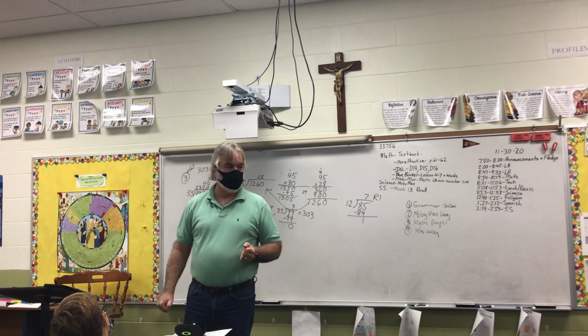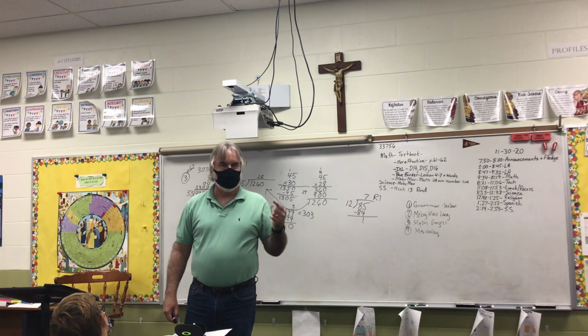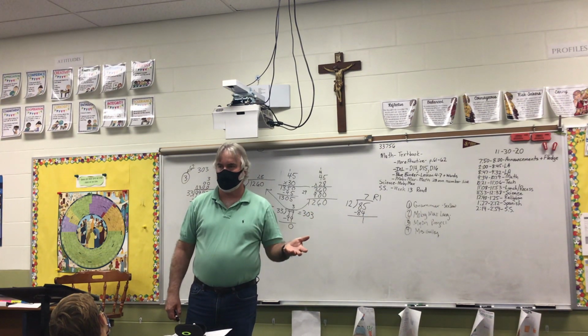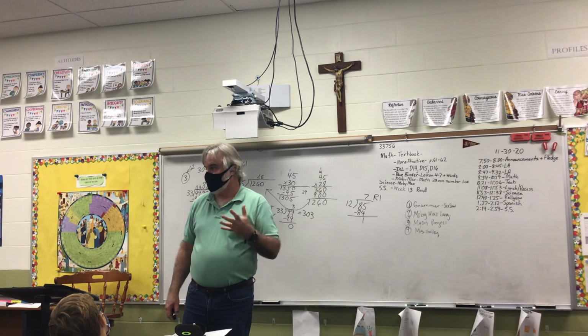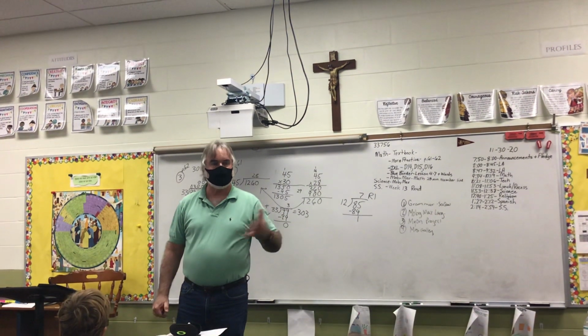Don't make them. Okay, so if you have to go back and look at your work and say, how can I multiply this and get this, and then I multiply a smaller number and I get a larger answer? Go back and look at your multiplication. That's where there's a problem somewhere. These are where mistakes are made.